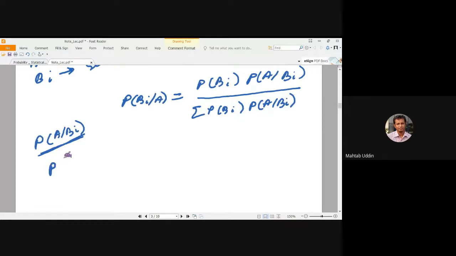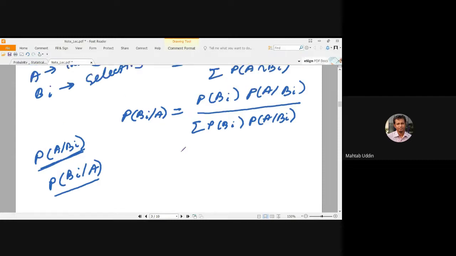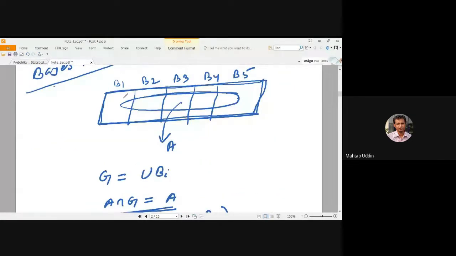And this is what? A tree under which a mango is found. তাহলে এটা হচ্ছে অলরেডি আমরা গাছ সিলেক্ট করে ফেলেছি, সেখান থেকে আম পাওয়ার সম্ভাবনা। আর এখানে অলরেডি আমরা আম পেয়ে গেছি, এখানে কোনো একটা গাছ সিলেক্ট হওয়ার সম্ভাবনা। That is, say in your garden you have 5 trees.